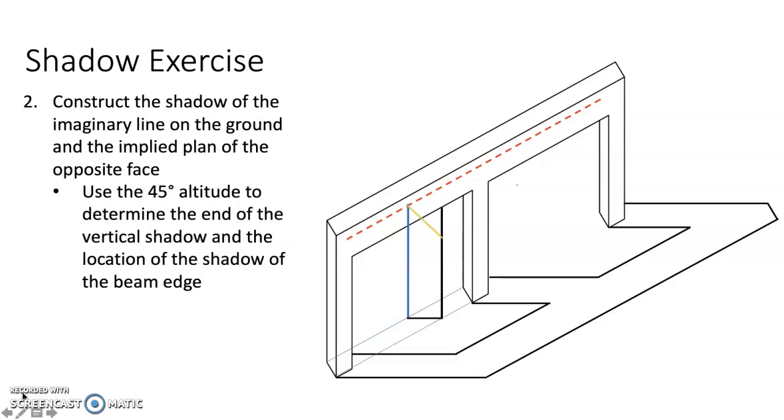We want to determine how that shadow would be cast across the ground and then up the plane of the column. I realize this is kind of confusing, hard to think about, and perhaps not something that you would imagine on your own. But hopefully when we're done, you'll understand the process. I then take my altitude line to see where the shadow of the beam would land on the plane that would be the far side of the column face.